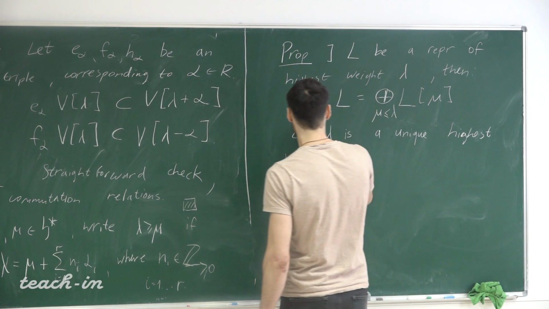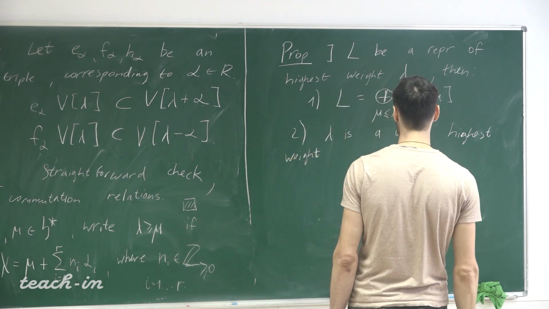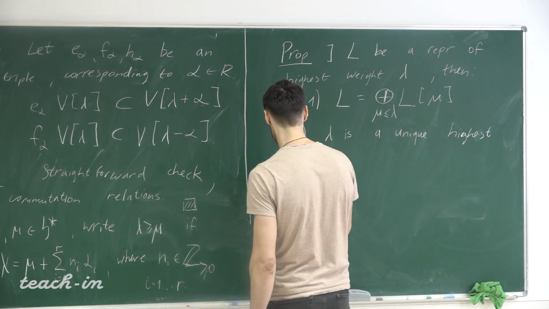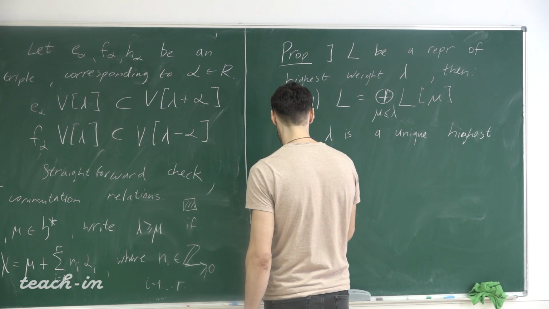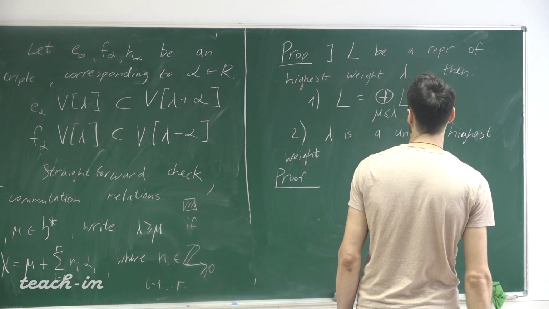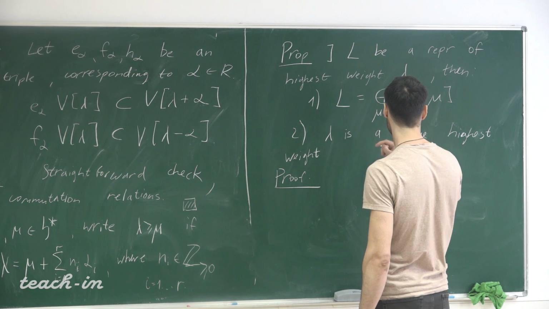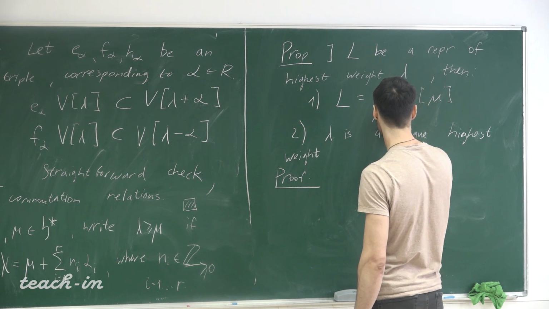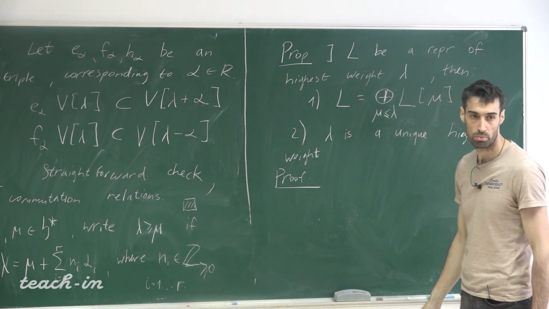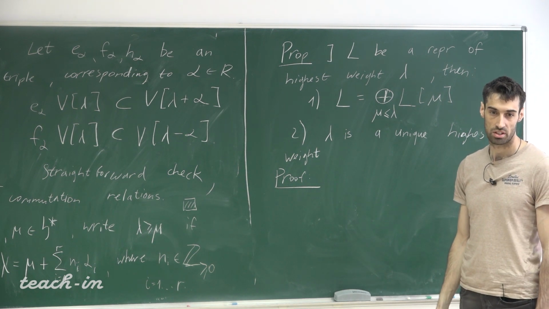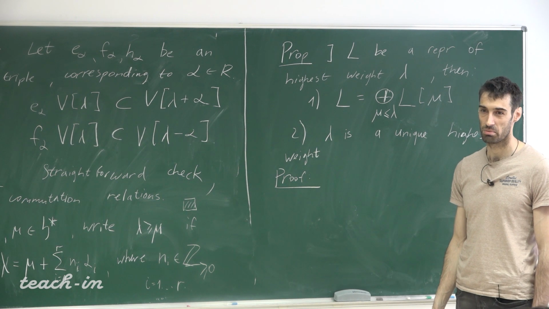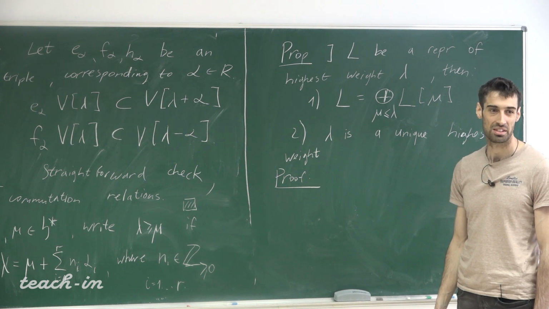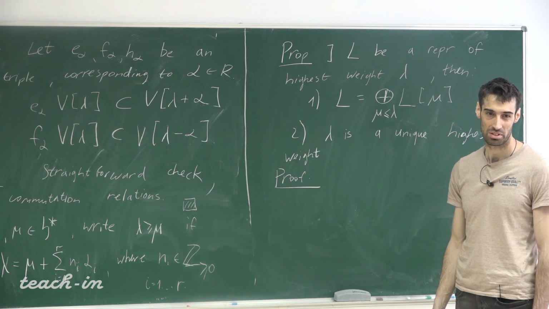Okay, how to prove that? Well, this one will just follow from the Poincaré-Birkhoff-Witt theorem. Okay, so does everybody remember what it is? It was a long time ago in the previous semester.